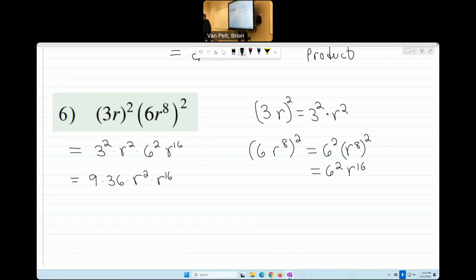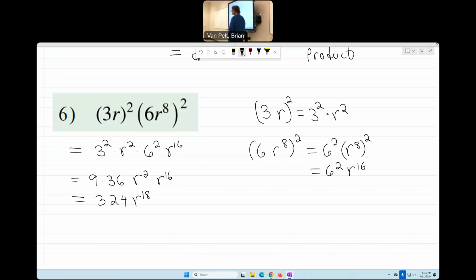So when you get the 9 times 36, you can calculate 324 for that one. 6 squared is 36, yeah.